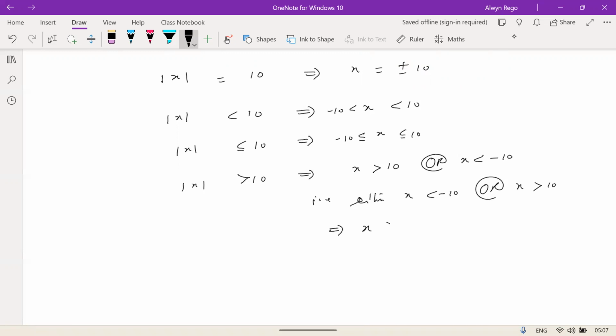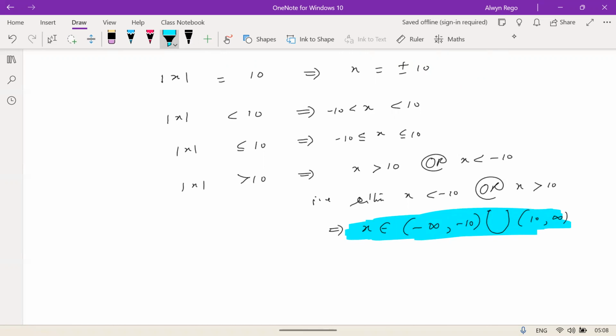I can say x belongs to -infinity until -10, open, union, 10 to infinity. So if you want to indicate the entire set like this, a short way of quickly representing this one could be just mod of x is more than 10.